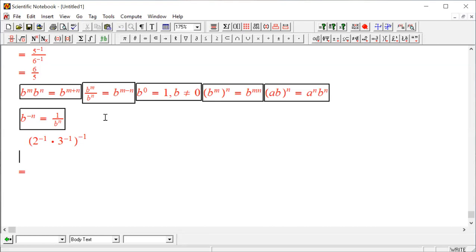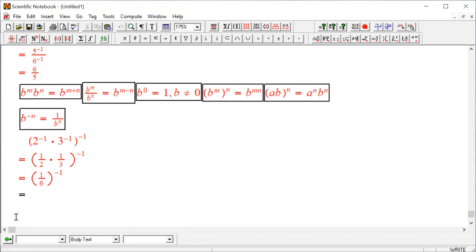The first way to do it is that we do the inside of the parentheses first. So we're going to have half multiplied by third, and outside is -1 as the power. 1/2 times 1/3 is 1/6, numerator times numerator, denominator times denominator. And then outside there's a -1 as the power.